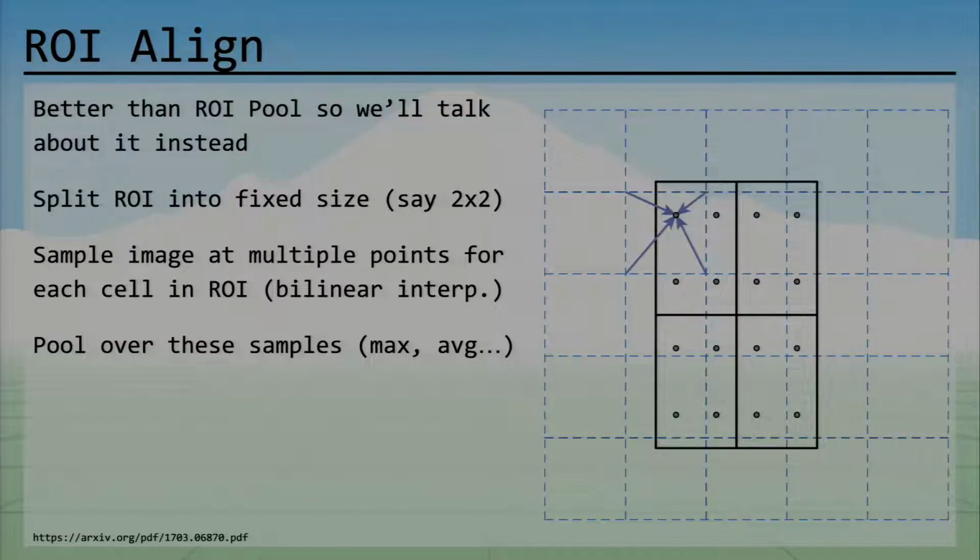So instead of talking about ROI pooling, since it's basically already obsolete, we'll just talk about ROI align, because it's the updated version, a better method of doing it.